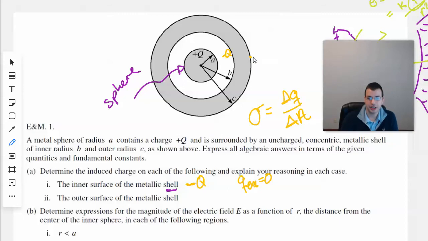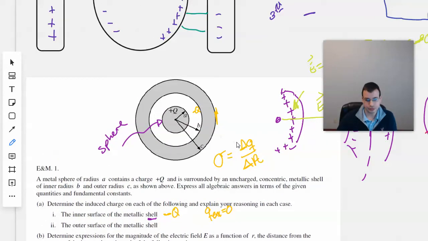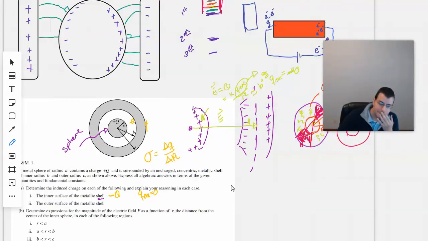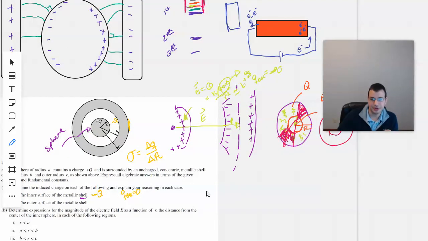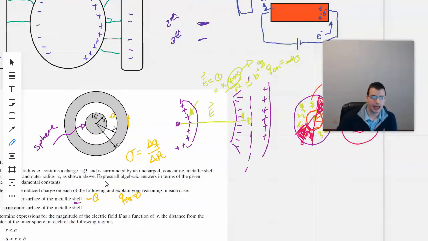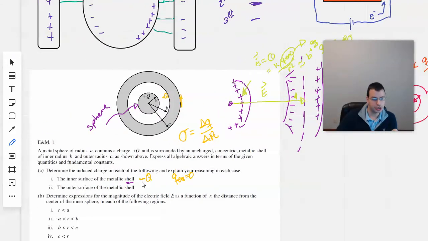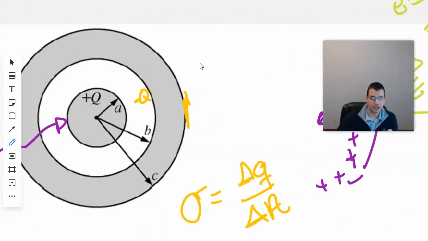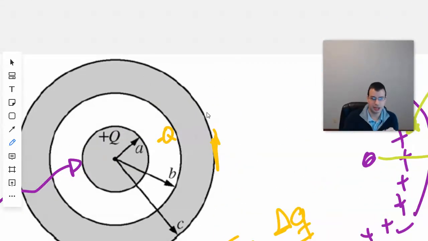Now, the outer surface of the metallic shell. So we can use the same reasoning. You can't use the electric field equals 0, but we're looking at the Q enclosed, and the only charge we have enclosed is the sphere. So it's going to exactly balance out just like the inner one did.